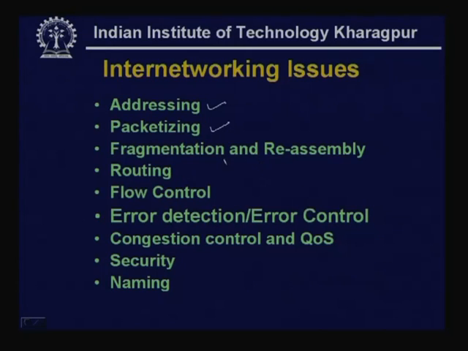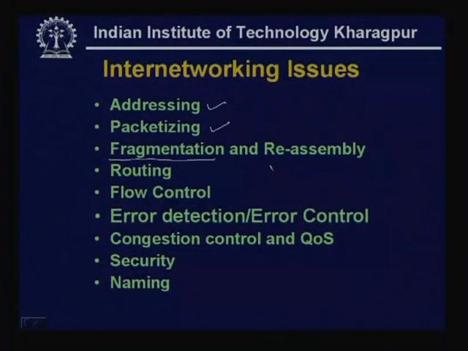Then, as we have seen, the packet size that can pass through a network cannot be the same. So it may be necessary to divide a particular packet into a number of packets as it goes through a network. Then at the destination node, they have to be put together and reassembled.